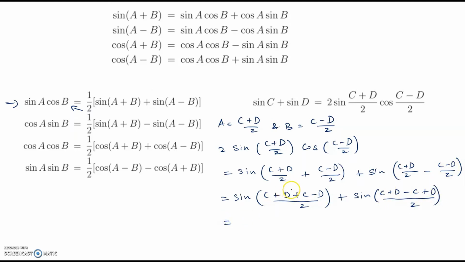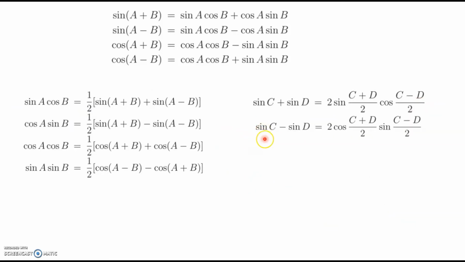Further simplifying this, the 2 D's will disappear here and the 2 C's will disappear here. So this becomes sin 2C by 2 plus sin 2D by 2, which is nothing but sin C plus sin D, which is the proof of our formula here.